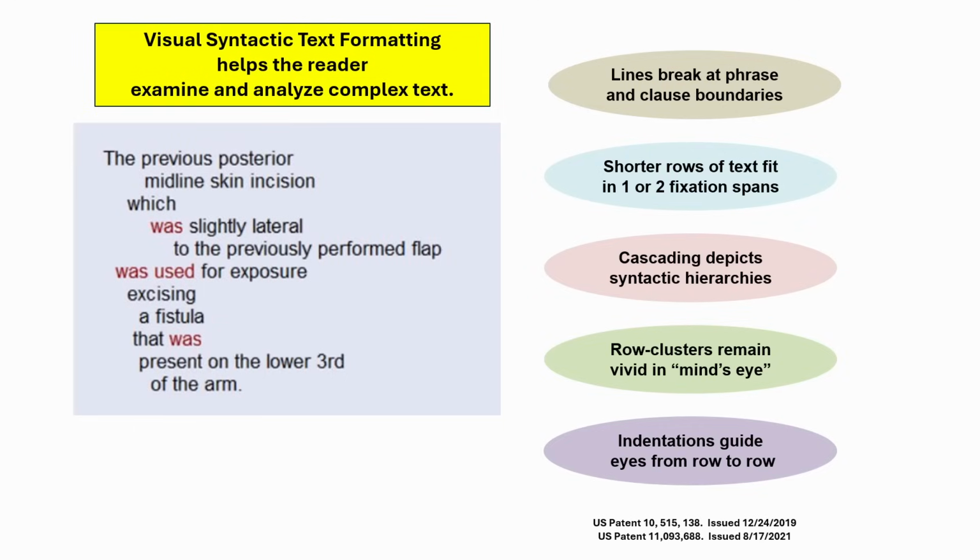Shorter rows of text are built to fit within 1 or 2 fixation spans. The cascading of the rows depicts syntactic hierarchies. Multi-row clusters remain vivid in the mind's eye, and the indentations help guide the eyes from row to row.